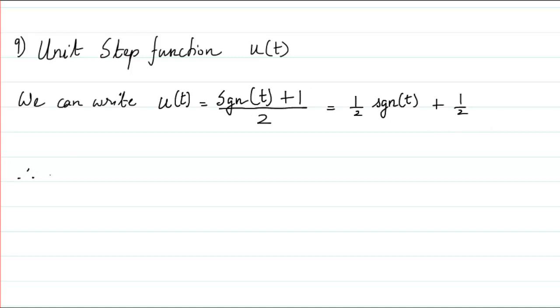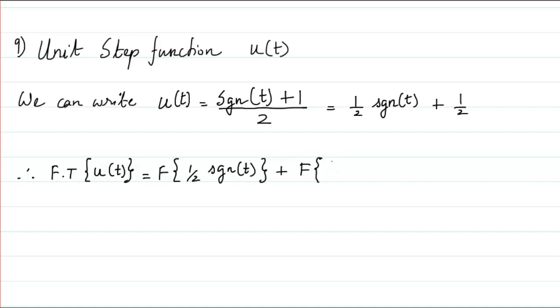Therefore, the Fourier transform of u of t is the Fourier transform of half times the Signum function of t plus the Fourier transform of 1 by 2. For the Signum function, we already know the Fourier transform. Just now we wrote it is 2 by j omega.